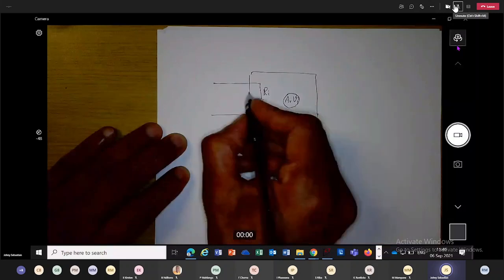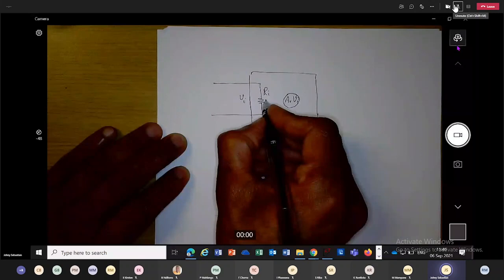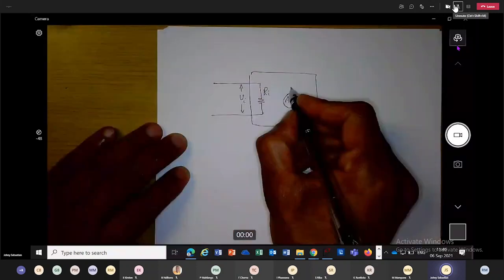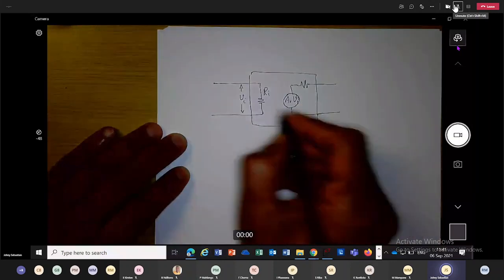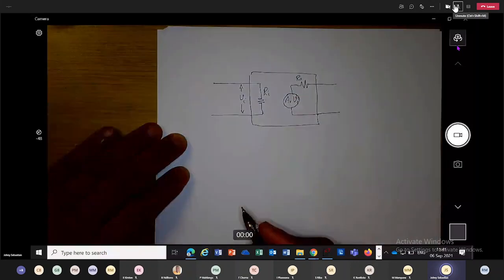What is VI? VI is the voltage across RI. The amplifier also has an output resistance that is called R0. This is how an amplifier is made.